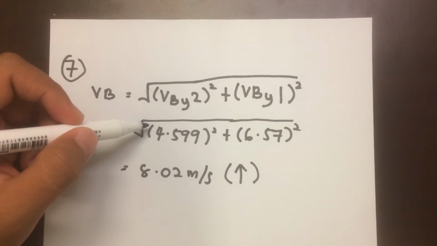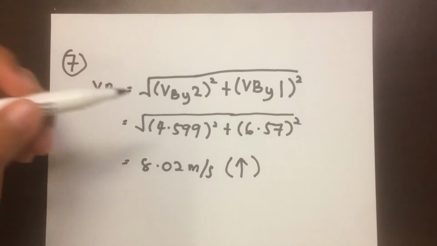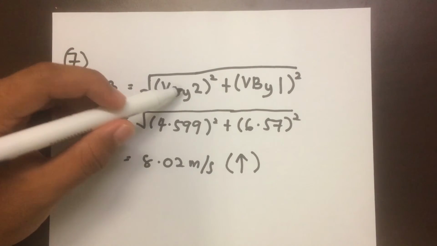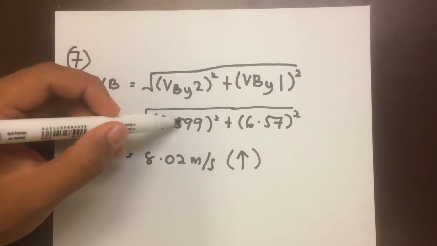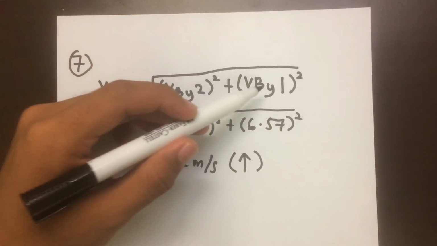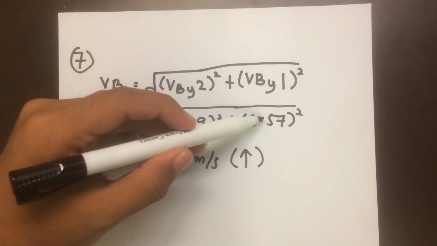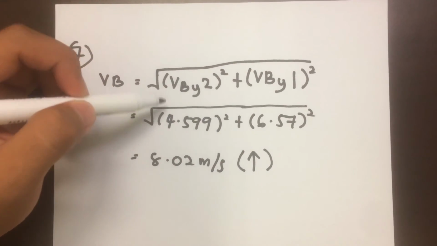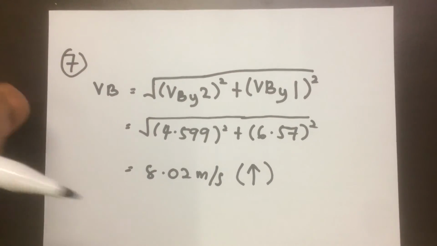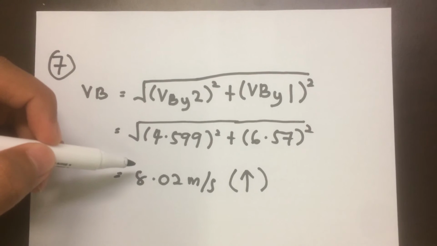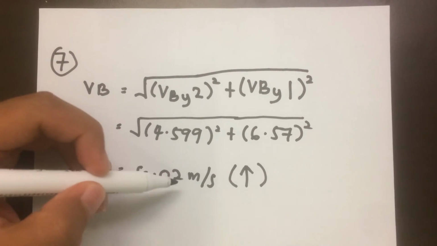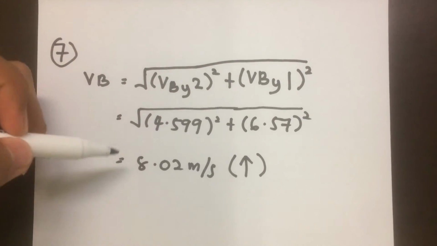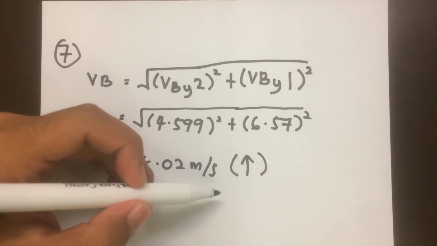Using the values we got before, VBY2 equal to 4.599 and VBY1 equal to 6.57, when we solve it, we get VB equal to 8.02 meters per second, in the positive, upward direction.